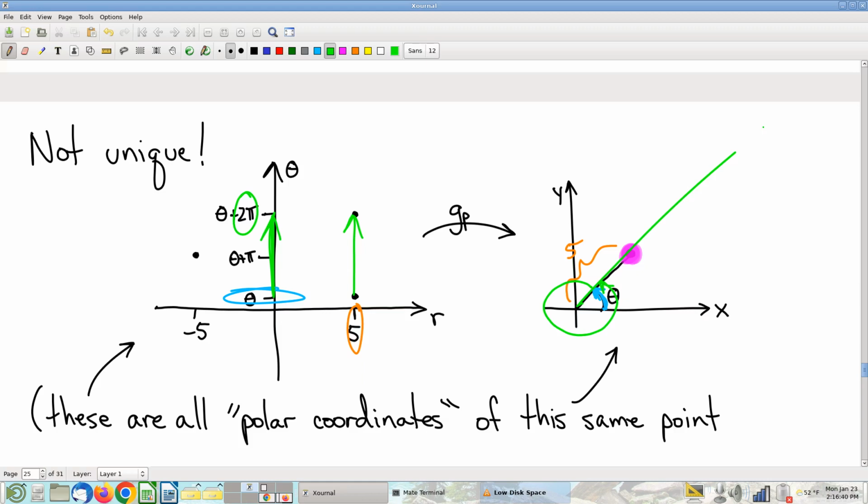So (5, theta plus 2 pi) are different but fully acceptable polar coordinates for the exact same point. And there's that non-uniqueness. Everybody with me? Questions? Feel free.